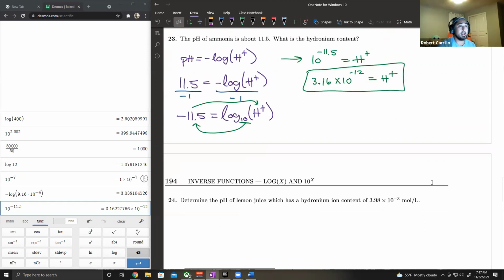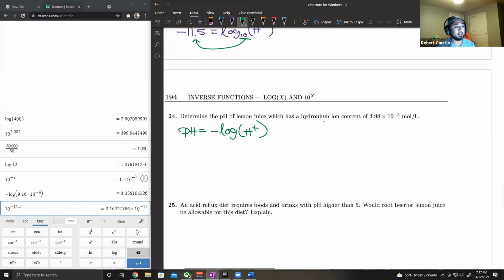So again, using that same formula above, we have pH equals the negative log of hydronium, and they're giving us the hydronium content this time. So we just plug it into the formula: the negative log of 3.98 times 10 to the negative 3.